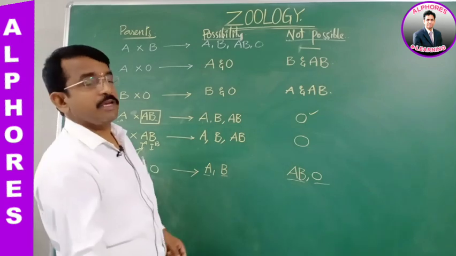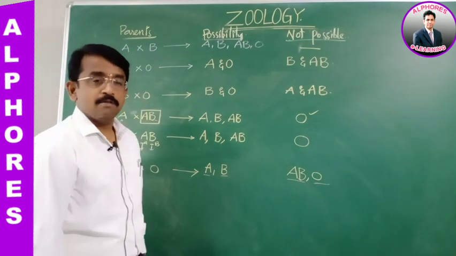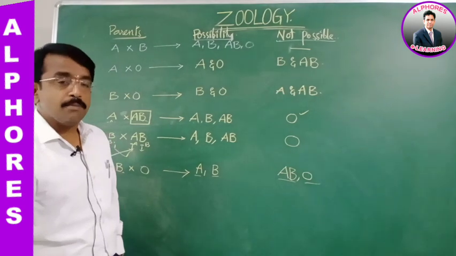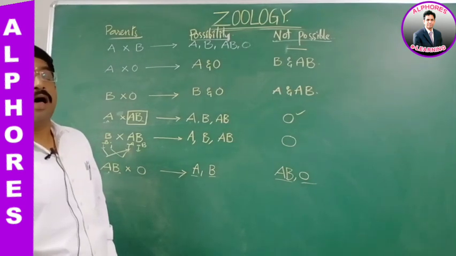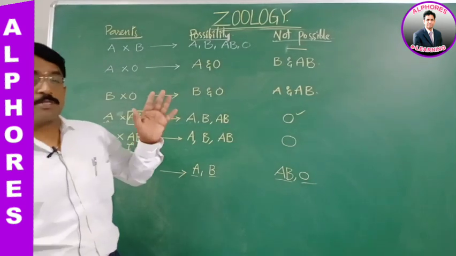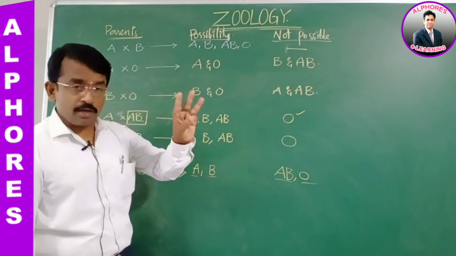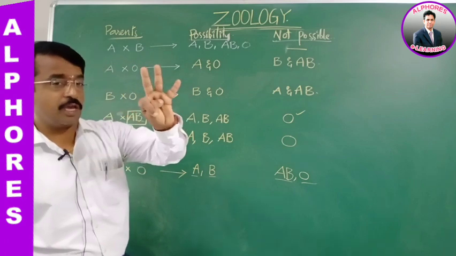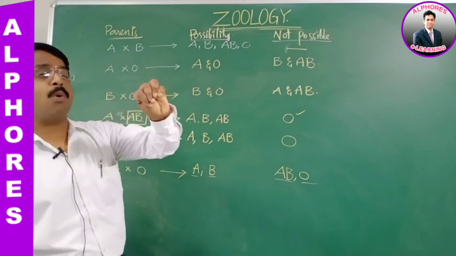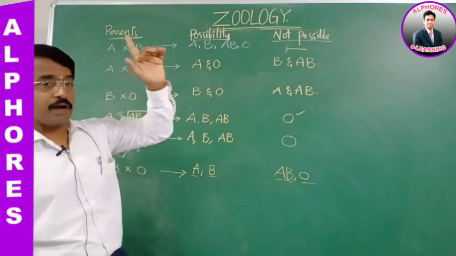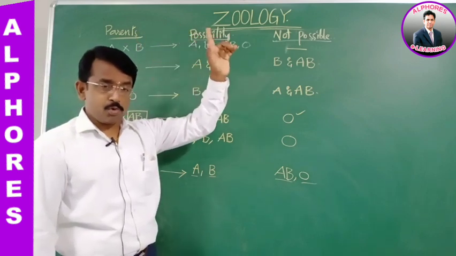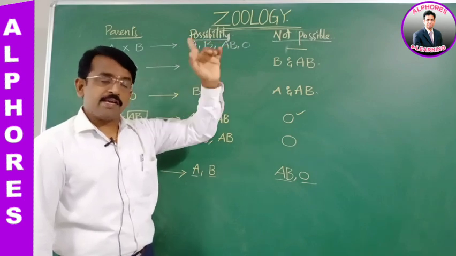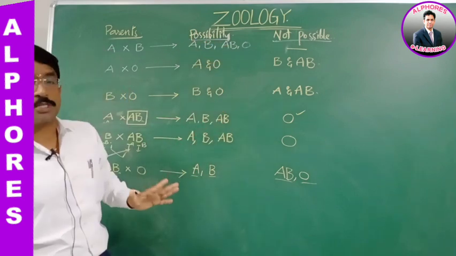In this connection, the ABO blood grouping system we have seen so far is the best example for multiple allelism. The ABO blood grouping system has 3 alleles IA, IB, IO and 4 phenotypes A, B, AB and O, and 6 genotypes: IA IA, IA IO, IB IB, IB IO, IA IB, IO IO.